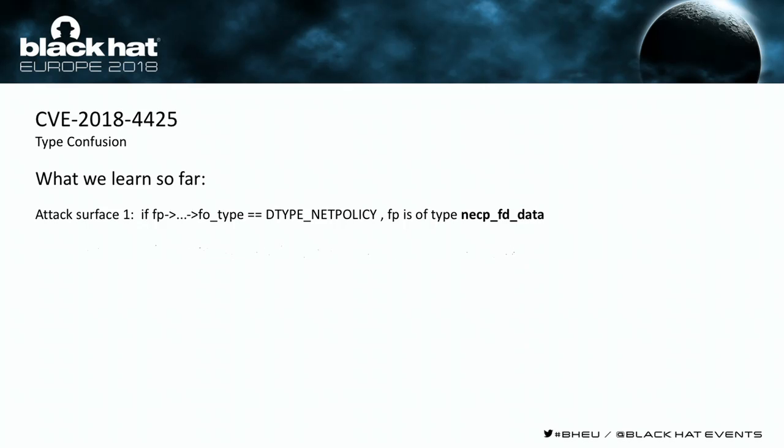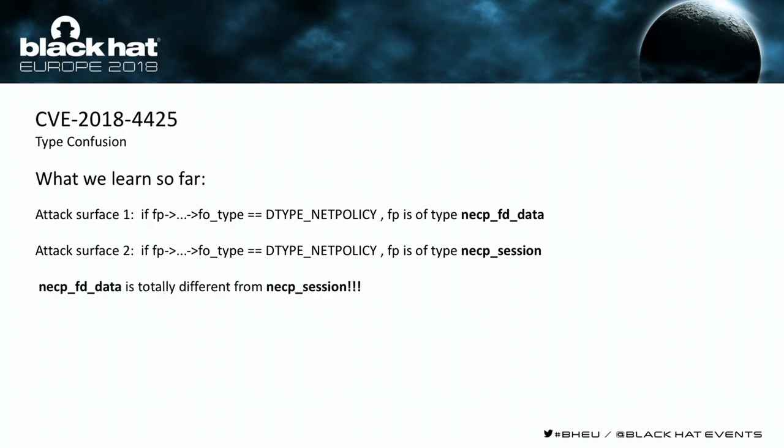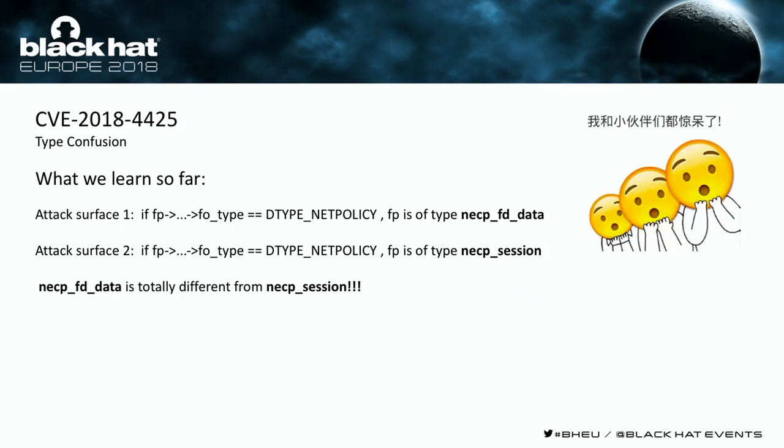In attack surface 2, NECP session open and NECP session action use almost the same algorithm. If your handle points to a kernel object of type net policy, it will recognize the kernel object as NECP session. So you get this vulnerability because NECP FD data is totally different from the NECP session object. Okay, surprise.